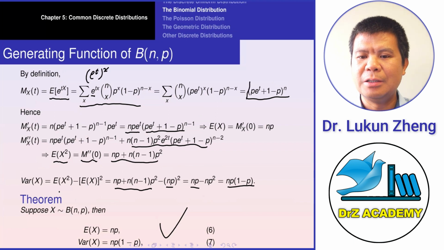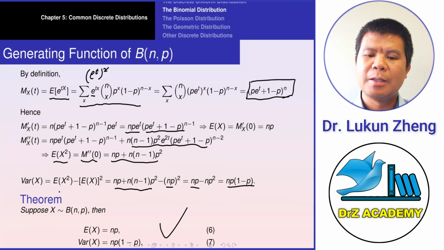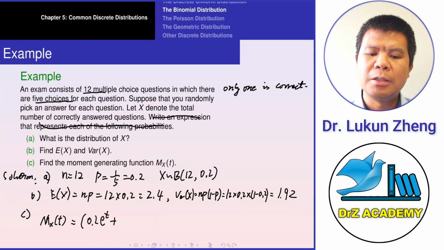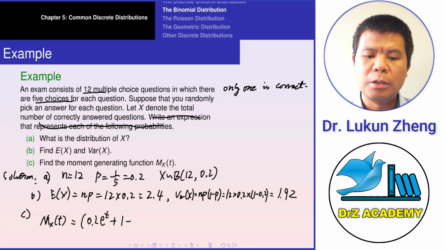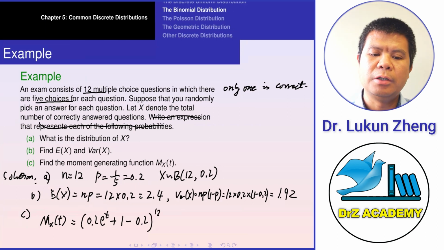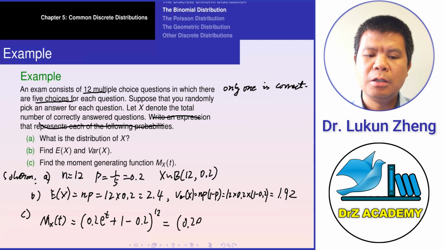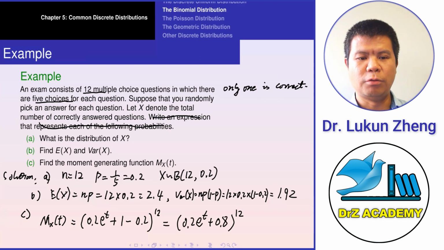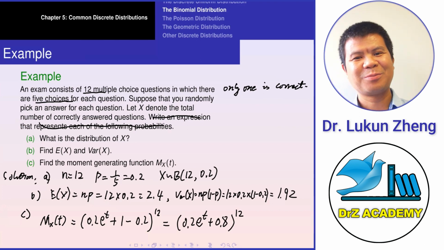So that is the formula. p is 0.2, so it is (0.2 e^t + (1 - 0.2))^n, with n being 12. So this equals (0.2 e^t + 0.8) raised to the power 12.